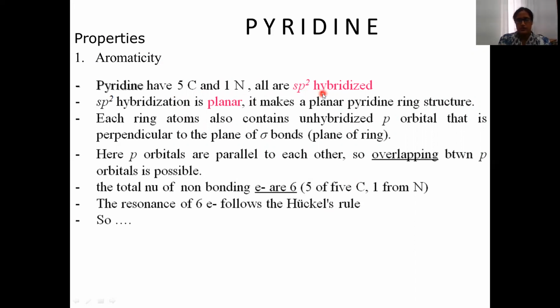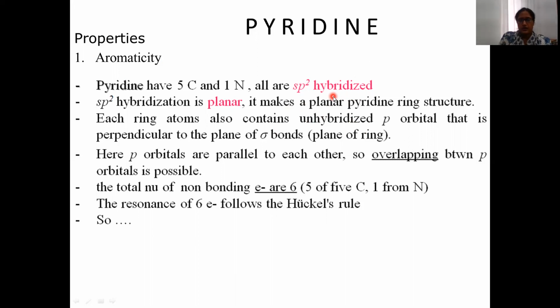Due to this sp2 hybridization, pyridine has a planar ring structure, and each ring atom also contains an unhybridized p orbital that is perpendicular to the plane of the sigma bonds.